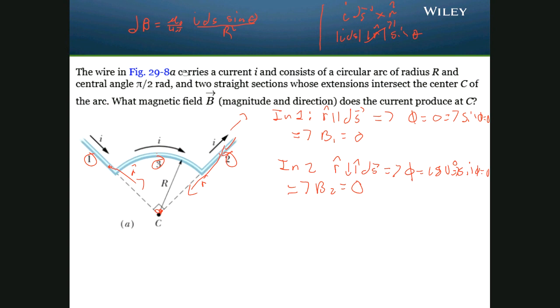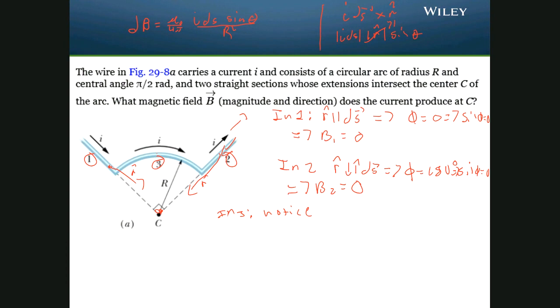Now, we're not done yet. We've only looked at 1 and 2, but we have that B1 and B2 equal 0. We always like when things equal 0. And this now leaves us with 3. So in 3, you'll notice that ds goes around in the circle, in the curve.